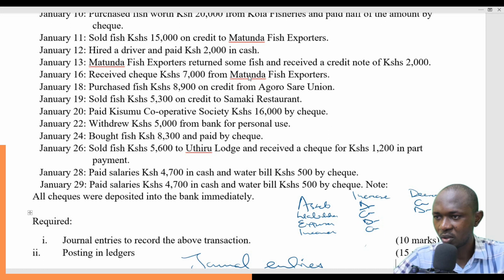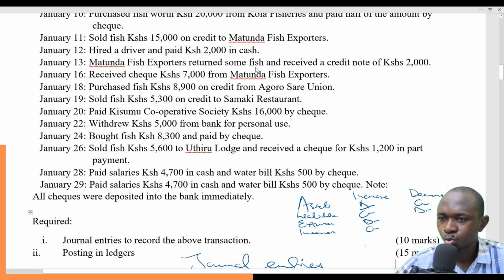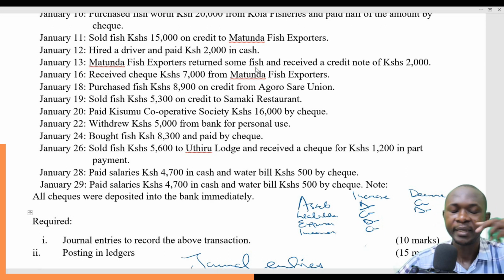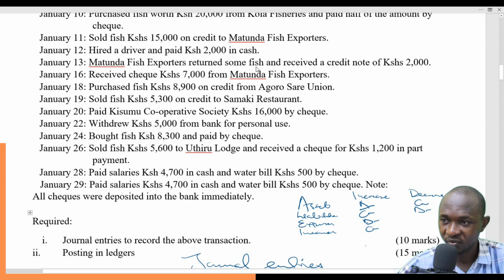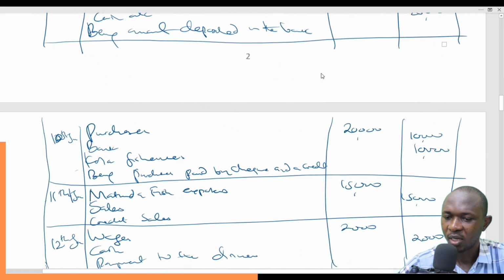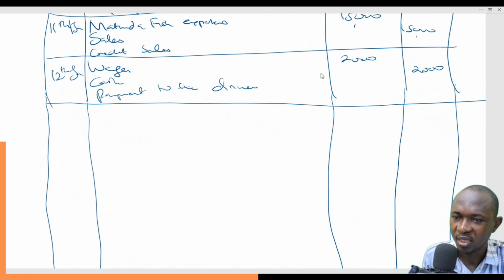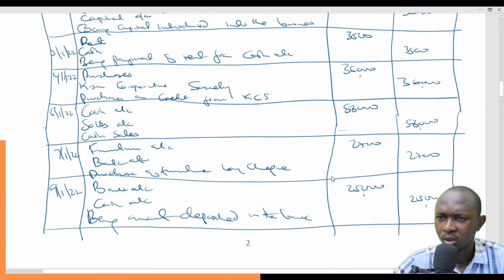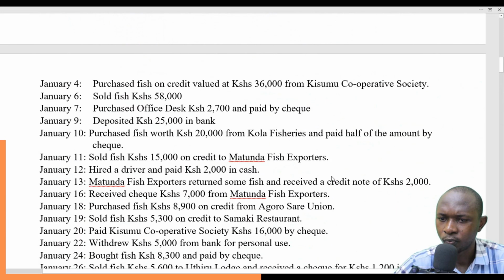So remember, Matunda Fish Exporters were debtors. So when they return, we simply credit them. So we'll credit Matunda Fish Exporters and debit the sales returns. Sales returns are goods that are coming back. Sales returns 2,000.